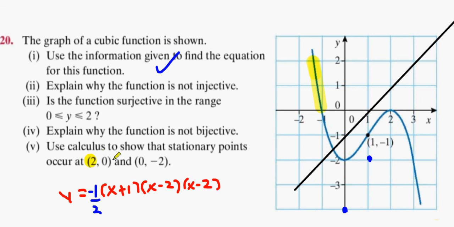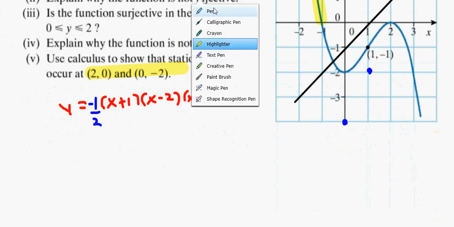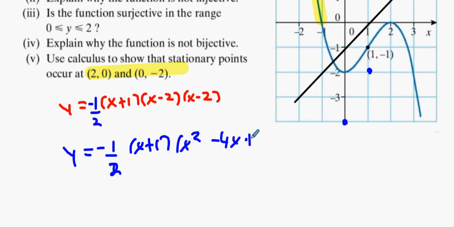Okay, I'm going to have to use calculus. Alright, so this is a pain. So here's what I'm going to have to do. I'm going to have to multiply all this out, which is not going to be fun. So y equals minus a half into x plus 1, and that's going to be x squared minus 4x plus 4, yeah?